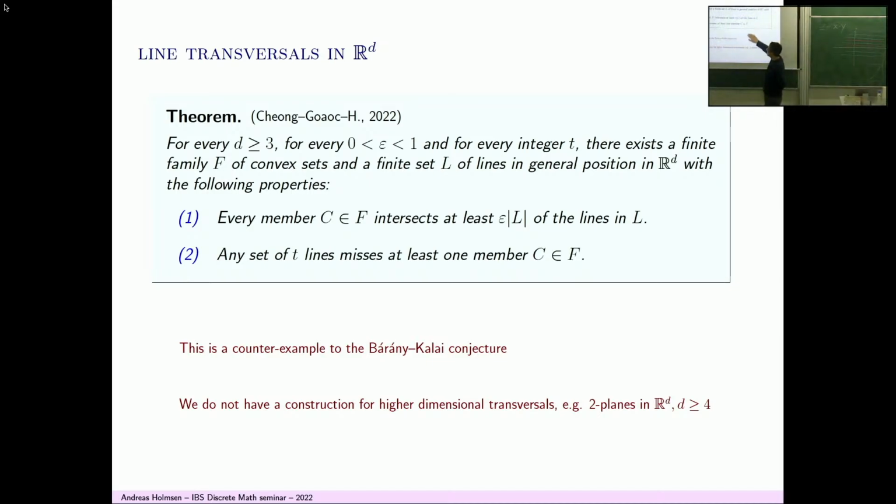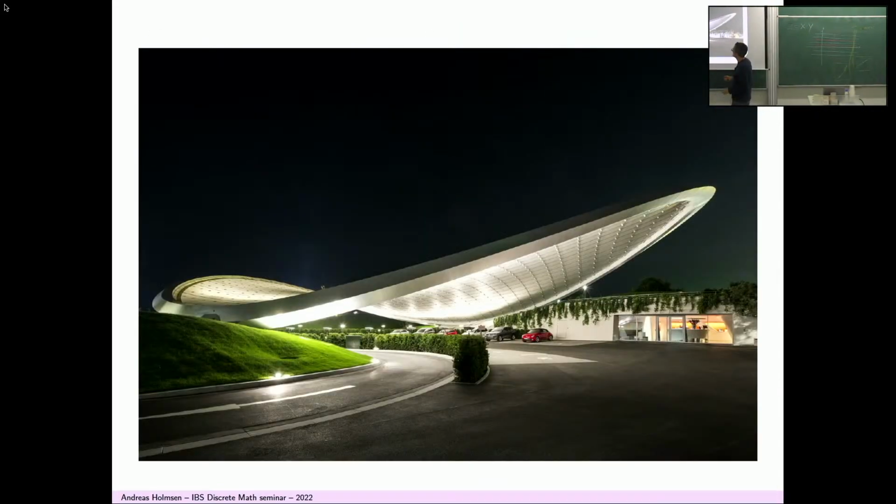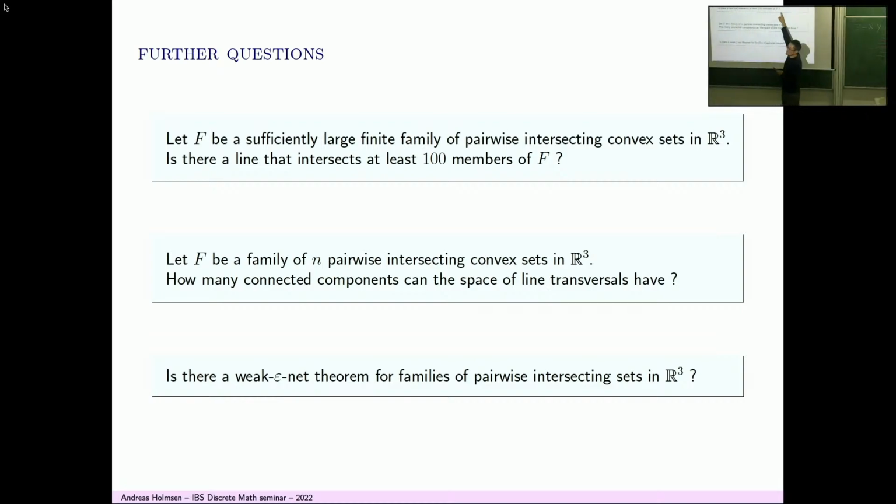So actually, Barany, who was the one who posed the conjecture, believed this was true, and he proved it for the case of cylinders. So a planar convex set times a line. He showed that this is true with a linear function for pairwise intersecting cylinders.